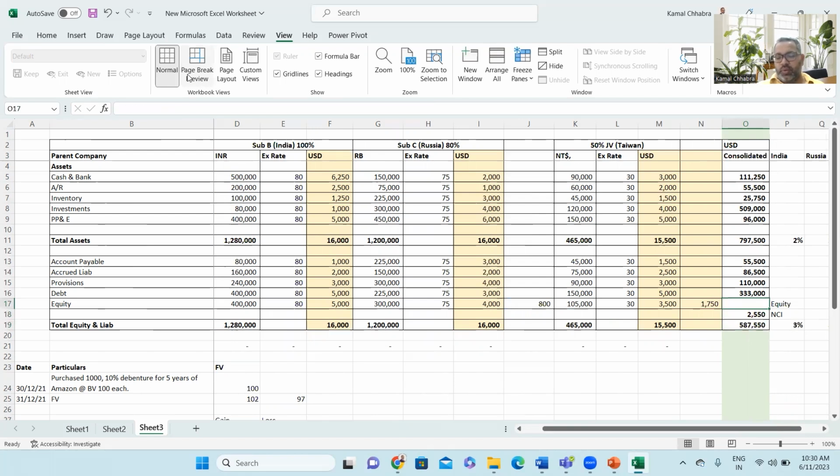So how much amount are you the owner of? This is the way you need to show non-controlling interest, for the portion of the subsidiaries you do not own. Okay, got it.